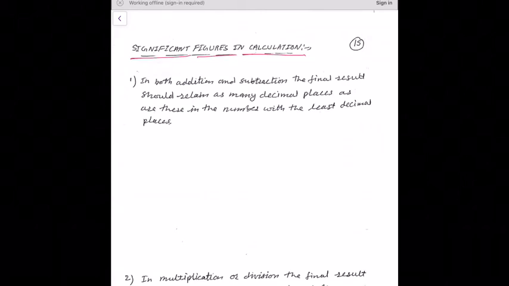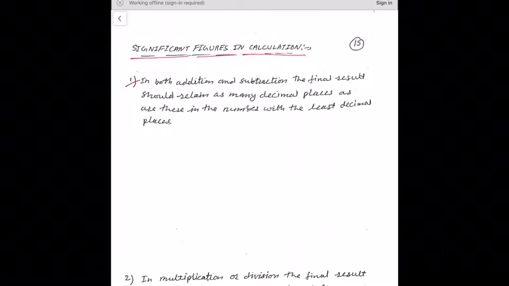Since all the observations in measurements do not have the same precision, the final result cannot be more precise than the least precise measurement. The following two rules should be followed to obtain the proper number of significant figures in any calculation.